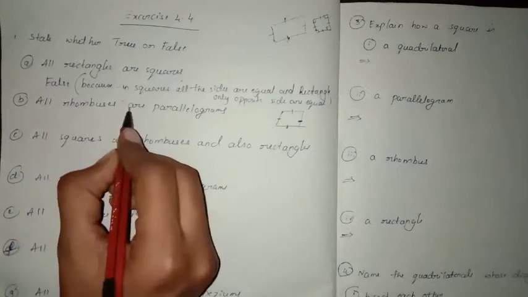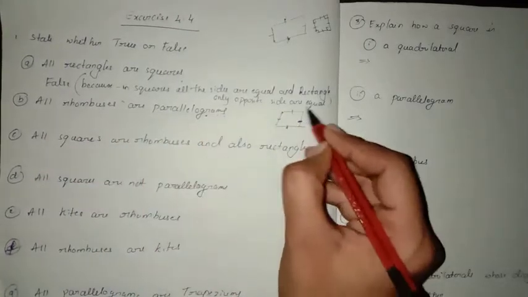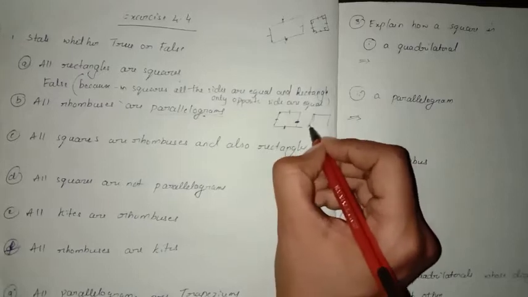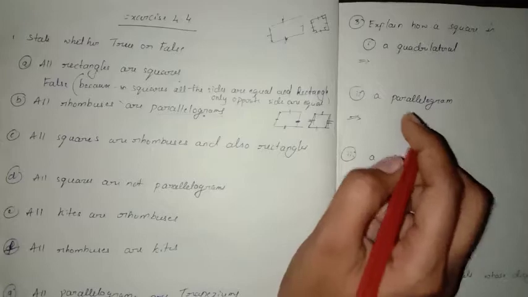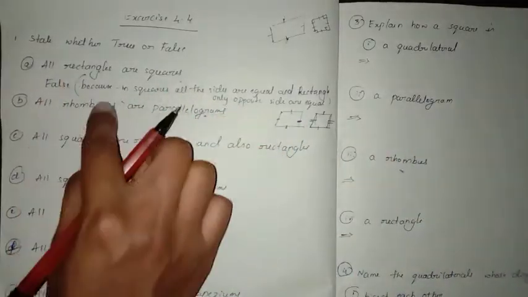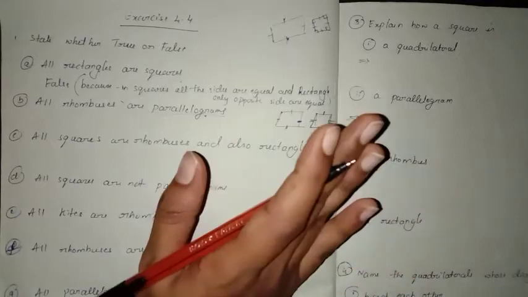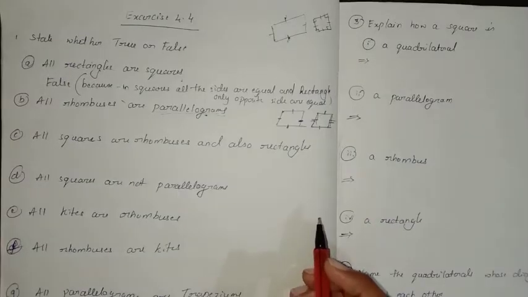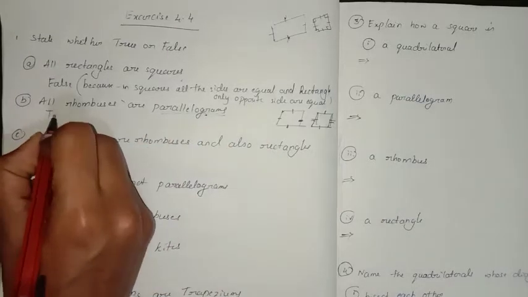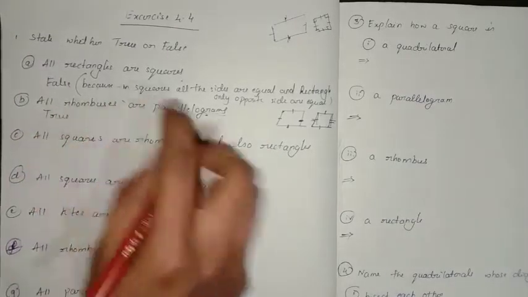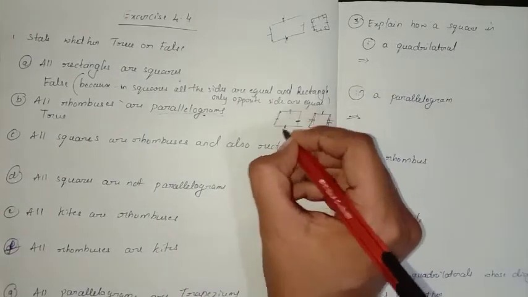And all rhombuses are parallelograms. What is the condition for a parallelogram? The opposite sides are equal to each other.